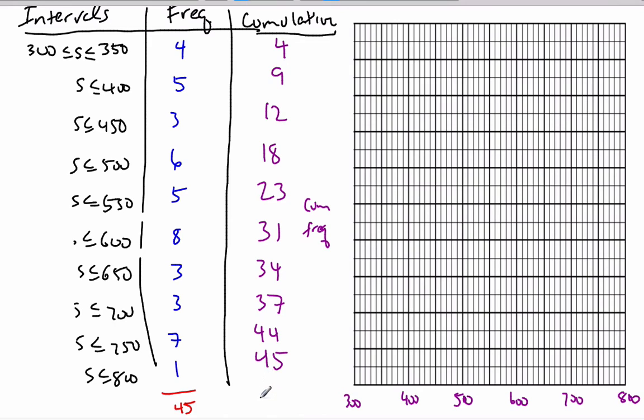And so if I round this up to 50 to make life easy on myself, I want to have roughly somewhere between 7 and 15 intervals to break this down to. Well, if I want 10 intervals, if I take 50 divided by 10, that's going to give me 5.